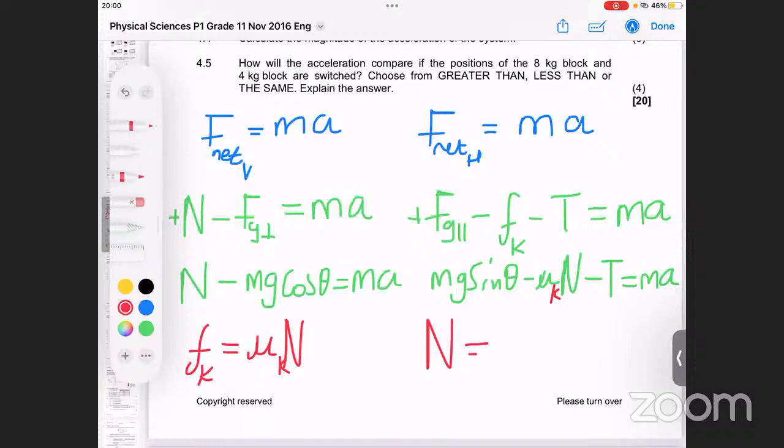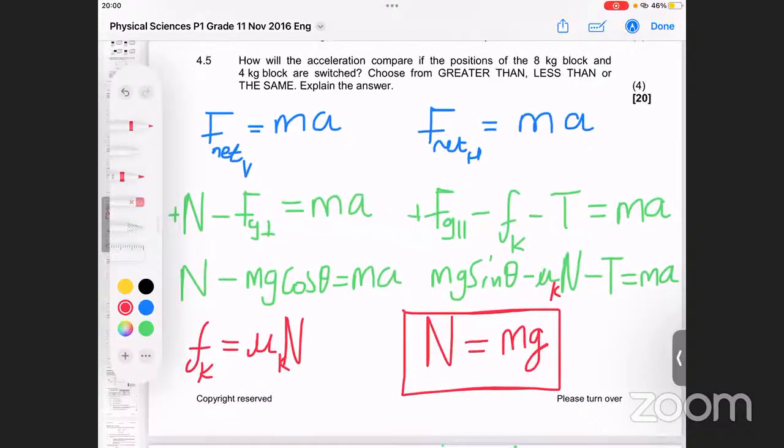The formula for N, FG, it's equal to mg, or N could be equal to FG parallel, meaning it's going to be mg cos of an angle.